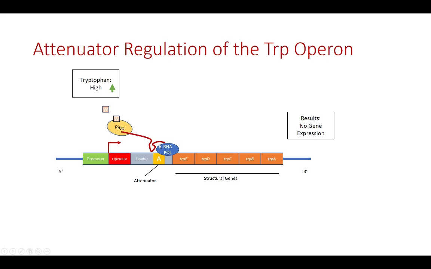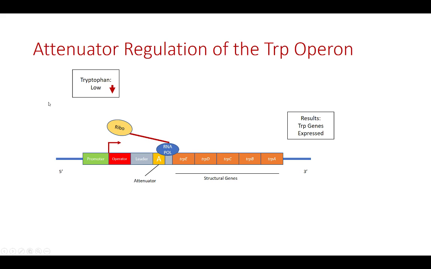And the effect of this conformational change in the mRNA is that the RNA polymerase terminates transcription. It leaves the gene, and this is all you get. And this is non-functional mRNA. It doesn't contain any of the structural genes, just this leader sequence.